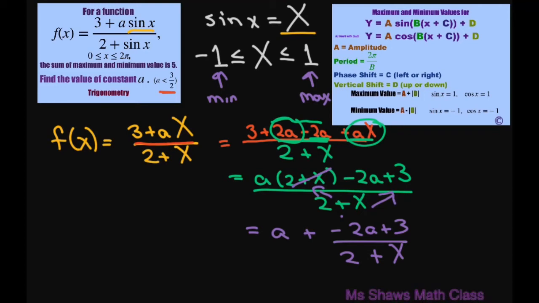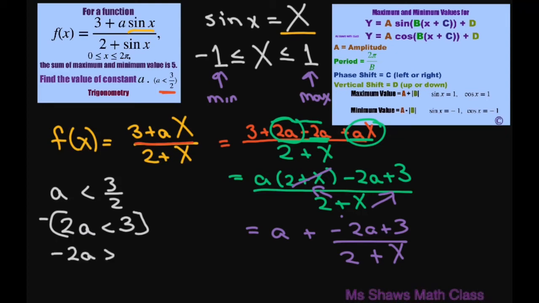Now, we already know that a is less than 3/2. So I cross multiply, I get, let's see, 2a is less than 3. Let's go ahead and negate this, and we're going to get negative 2a is greater than negative 3, and then add 3 to both sides to get negative 2a plus 3 is greater than 0.